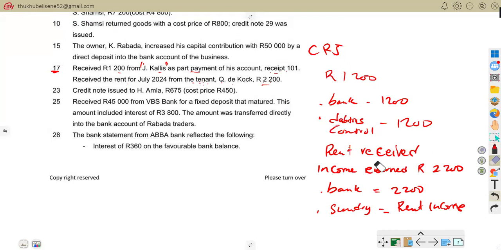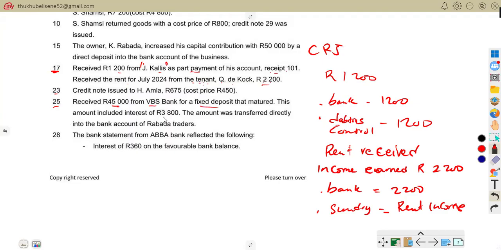So now we are coming to the 25th. As we can see, on the 23rd is a credit note issued to H. Alma, 675, cost price is 450. This one doesn't affect our cash receipt journal, but when you come to the 25th, we received 45,000 from VBS Bank for a fixed deposit that matured.